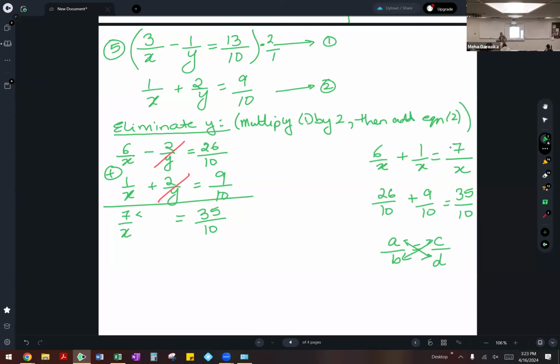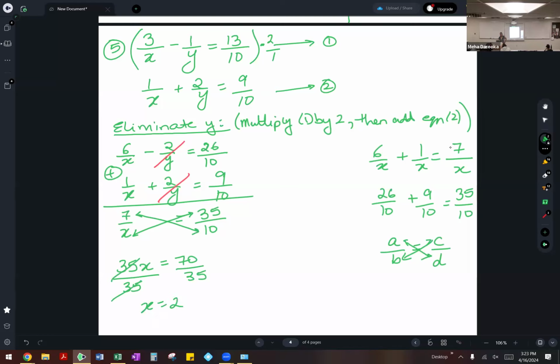So you're going to multiply 7 times 10, and you're going to multiply x with 35. So that will end up giving us 35 times x. 7 times 10 is what, 70? What does the x value come out to be?